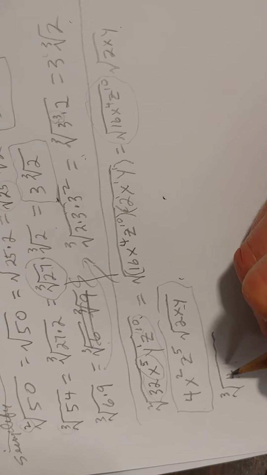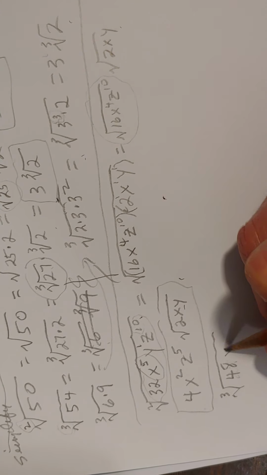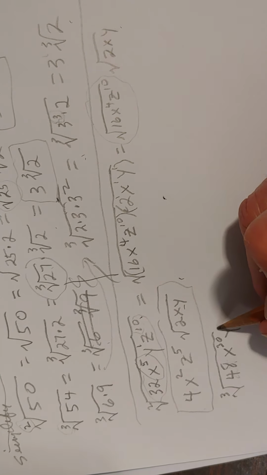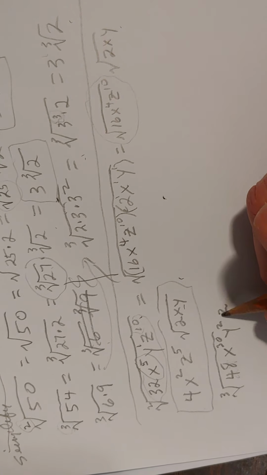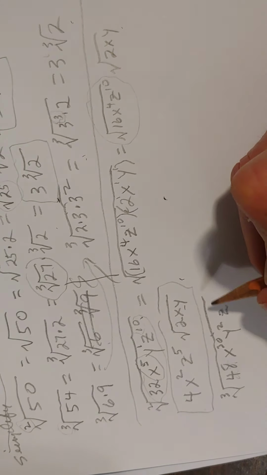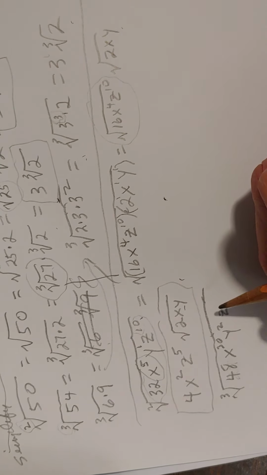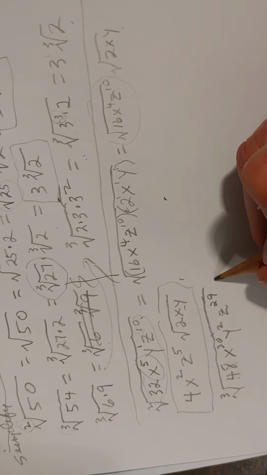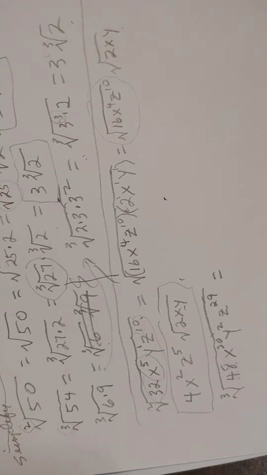Cube root of 48 times x to the 30th power times y squared times z to the 29th power. And you want to simplify that one.